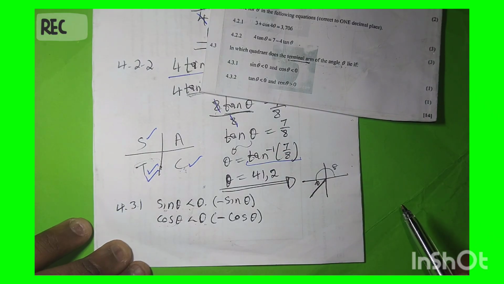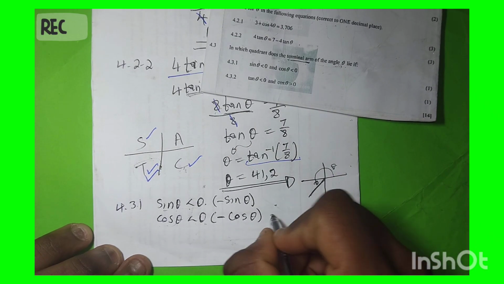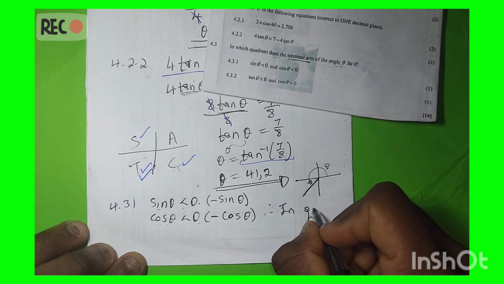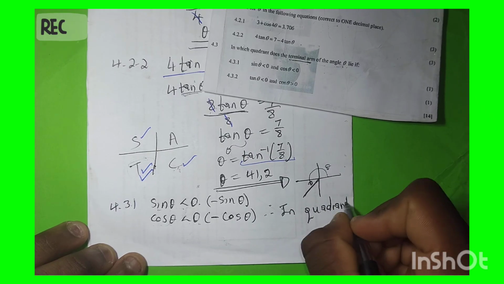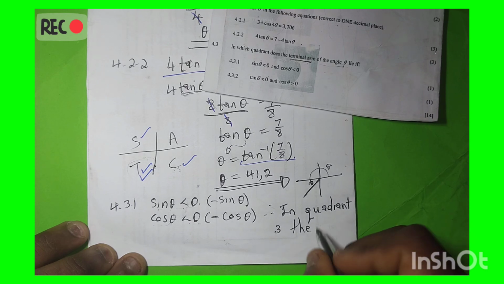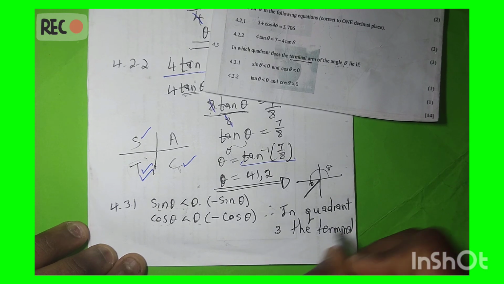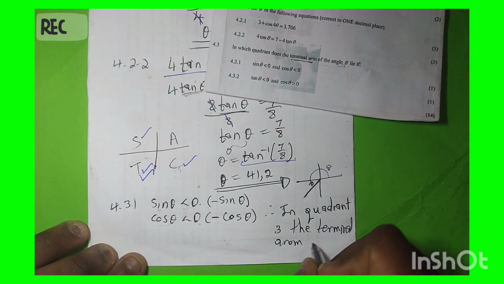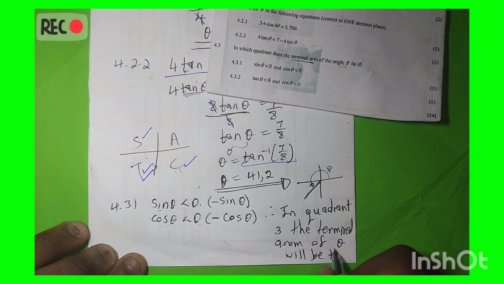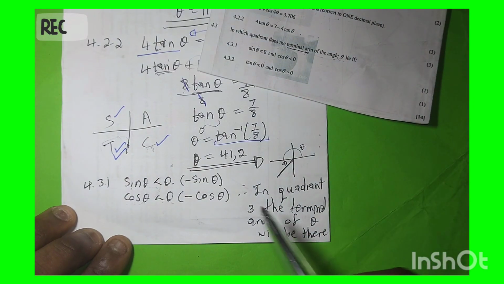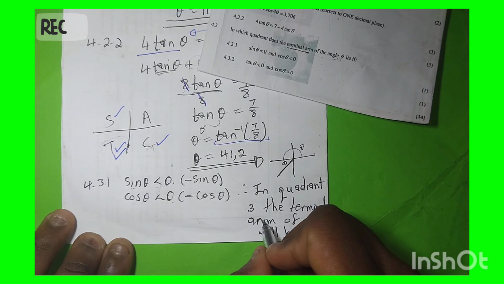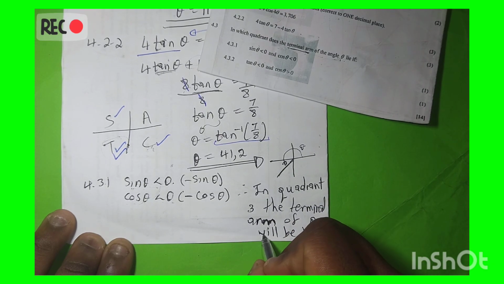So you can say that in quadrant 3, the terminal arm of theta will be there.